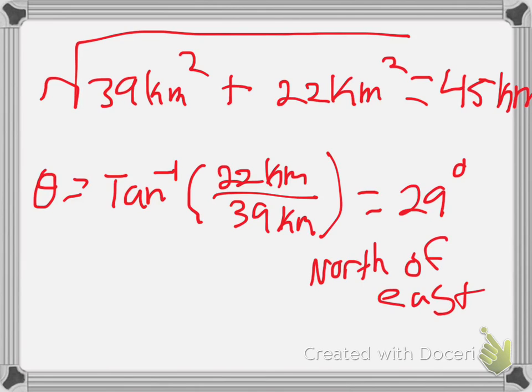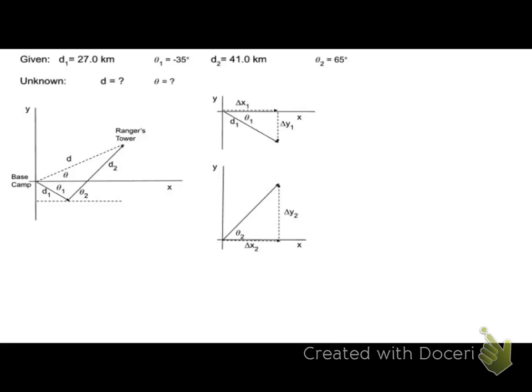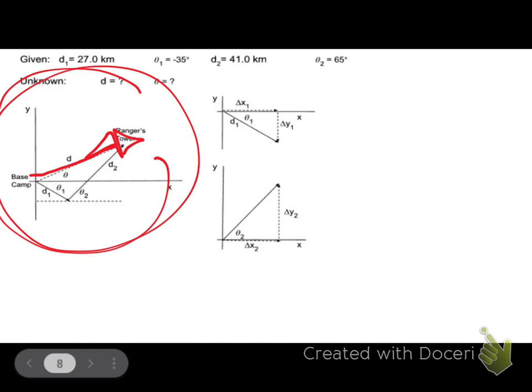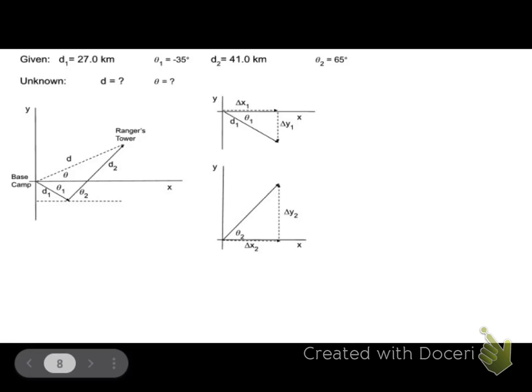So if we have to look at this drawing that we did earlier, so this one over here, right? And our resultant vector here is north of east. How do we know it's actually north though? Because they told you in the problem, they said that first they traveled south of east, right? So our initial line goes here. So that's saying this must be east and this direction is south.